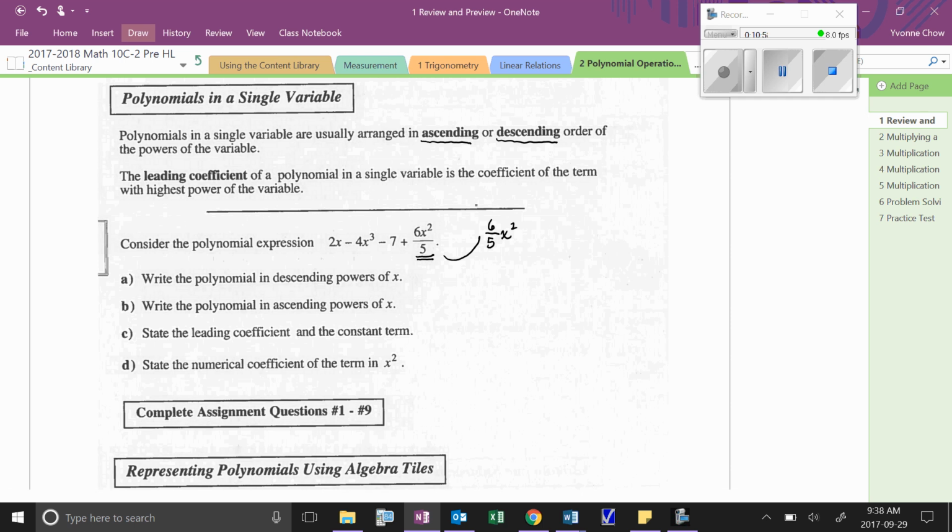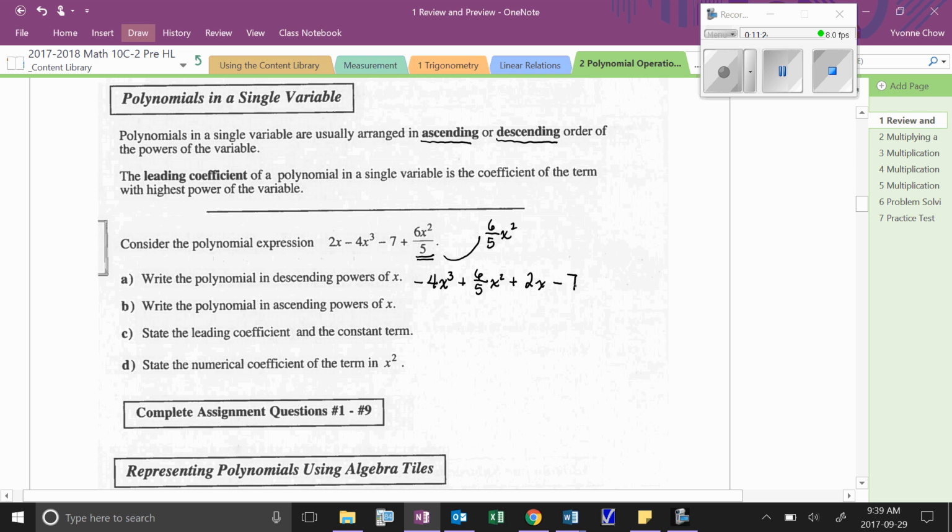So if we write the polynomial in descending powers of x, so we're looking at the exponent on the x, then that means we've got negative 4x cubed, because that is our highest number. We're descending, followed by 6/5 x squared, and then x to the 1, so that's plus 2x, and then our constant is minus 7.